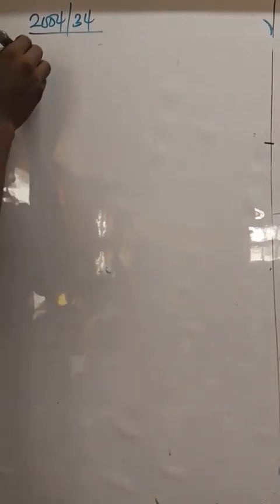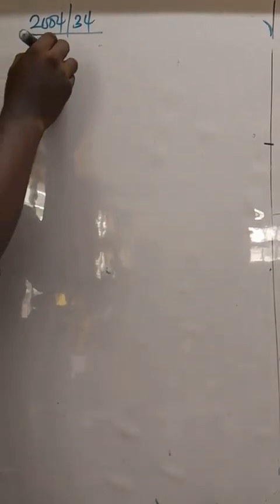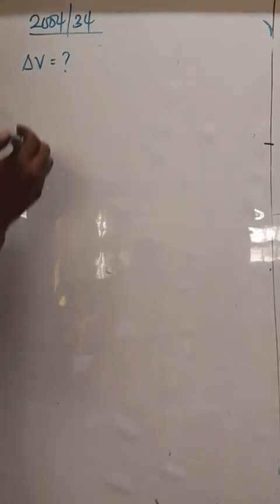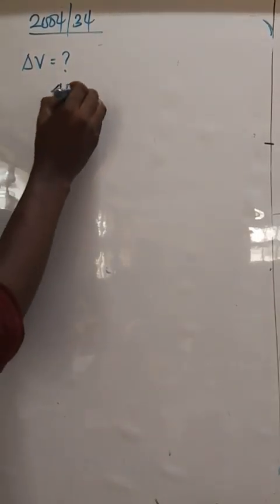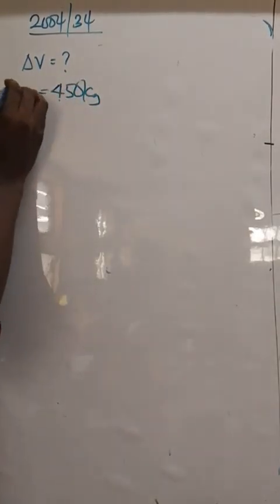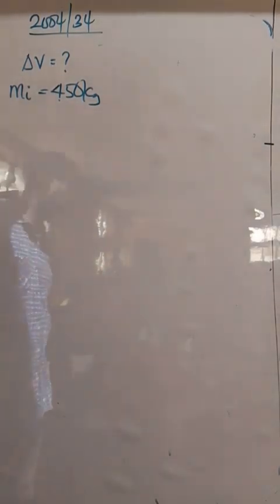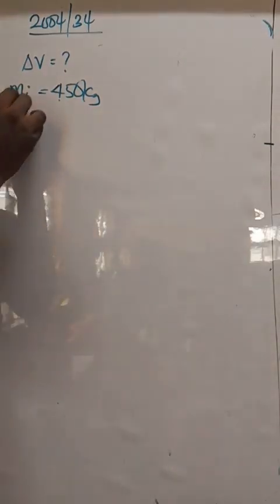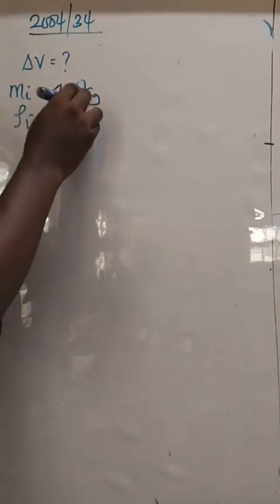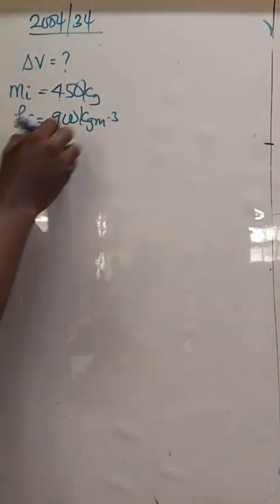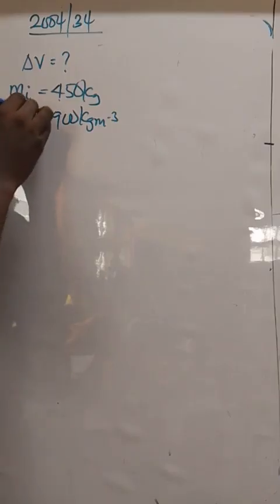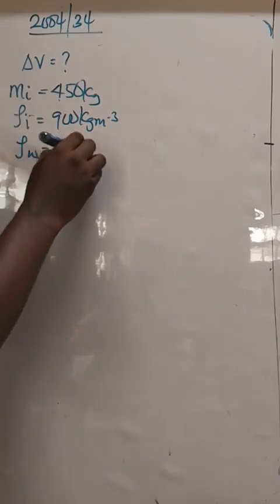2004 question 34. The change in volume when 450 kg of ice is completely melted. Density of ice is 900 kilogram per meter cube. Density of water is 1000.